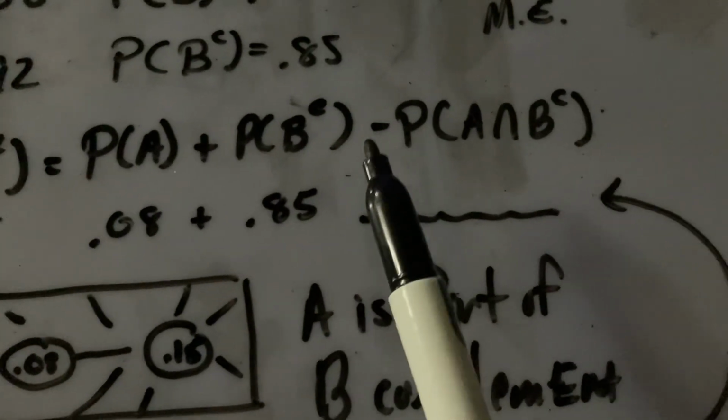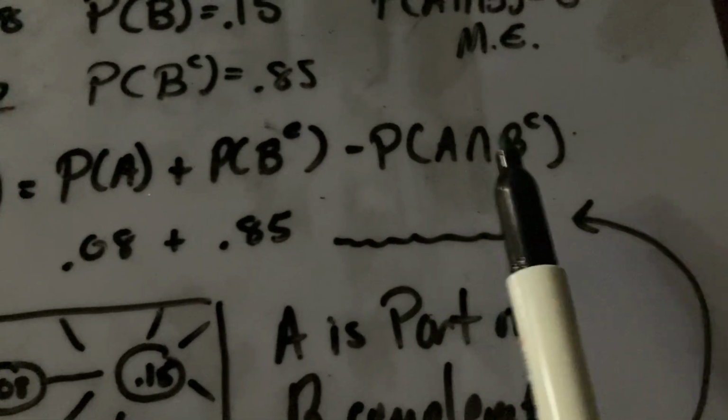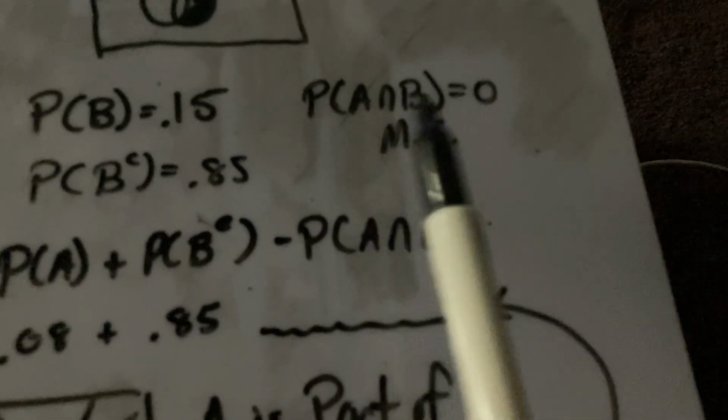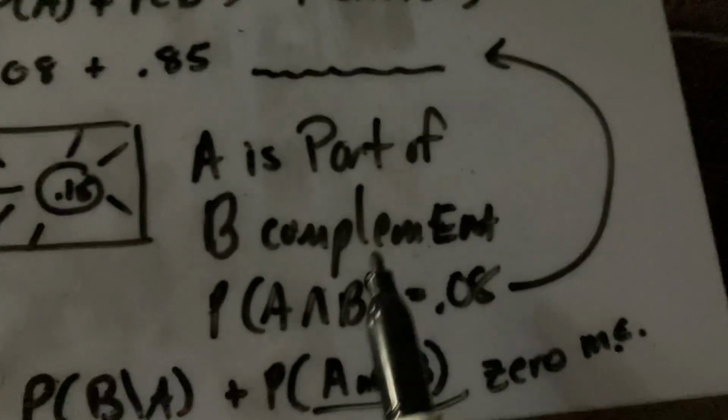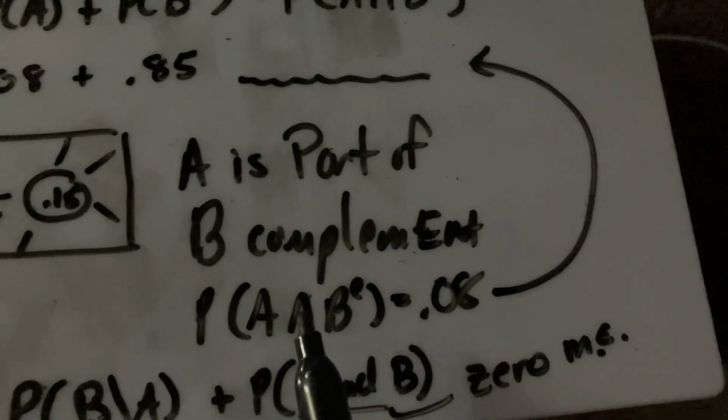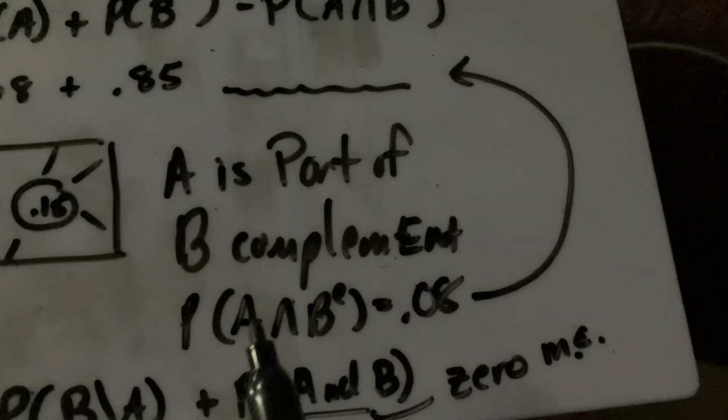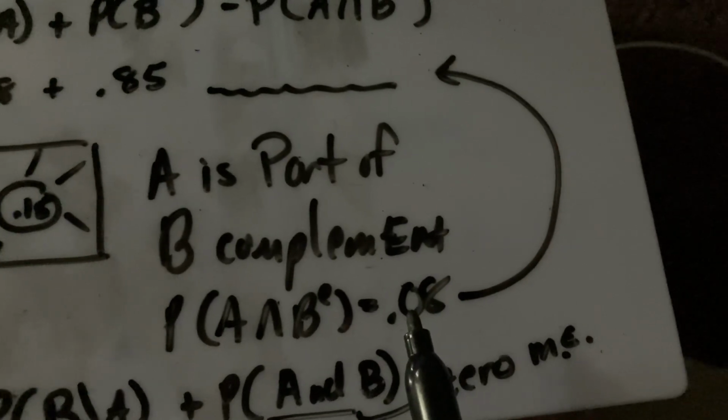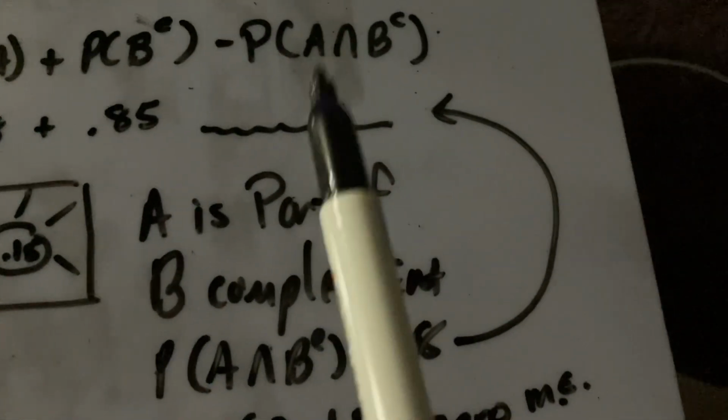And then you have this other spot when it's not mutually exclusive. A and B are mutually exclusive, but A and B complement are not. And so you have to realize that A is part of B complement. In fact, the probability of A intersect B complement is the actual probability of A. It's 0.08. And so you're going to subtract off 0.08 there.